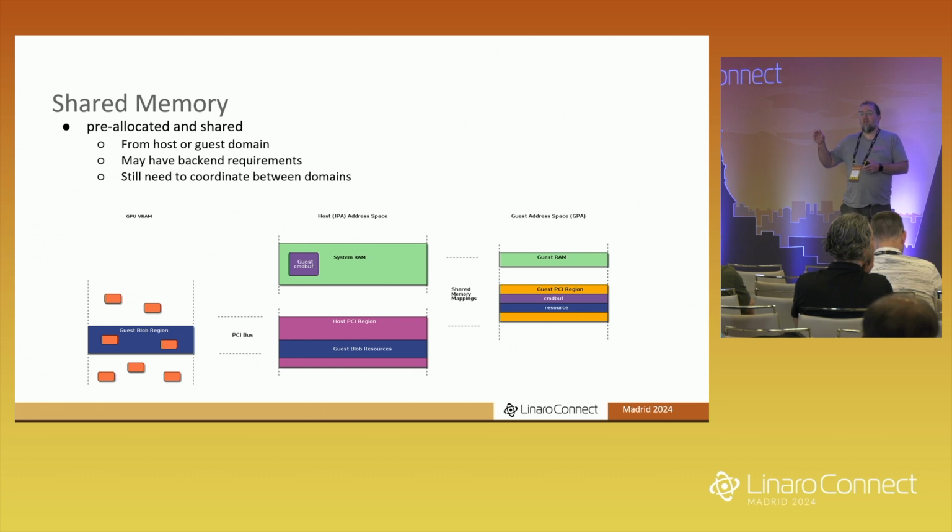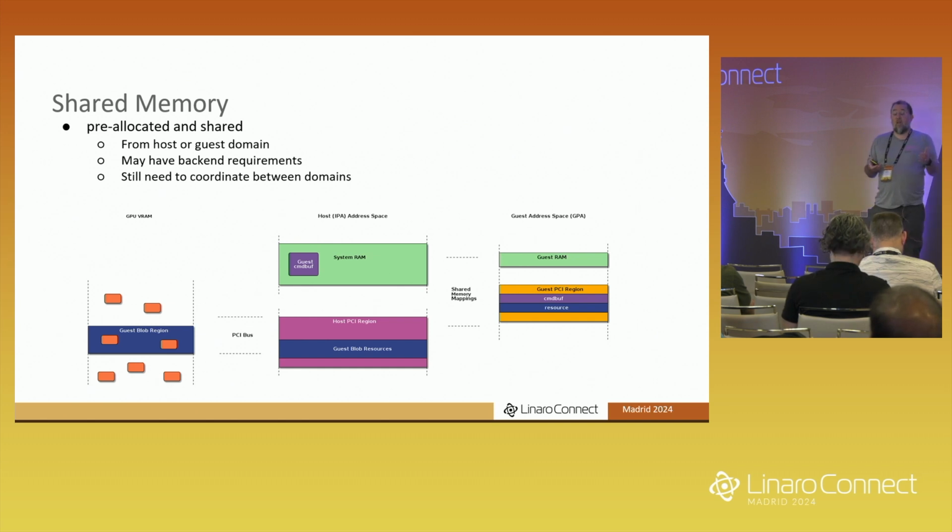But you also might have allocations in the host system memory. For example, the command buffer might be allocated there for your Vulkan stuff. But all of this is then presented to the guest in the PCI bar region of the guest. And this sort of mapping adds an additional degree of complexity that you don't get with traditional VirtIO devices. And of course, each hypervisor has its own APIs for sharing this sort of memory between guests.